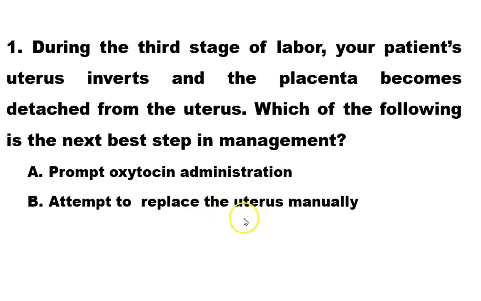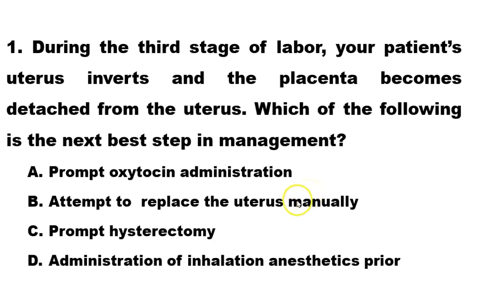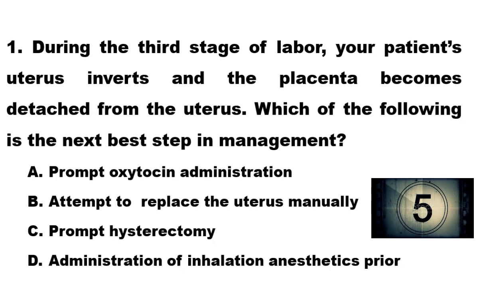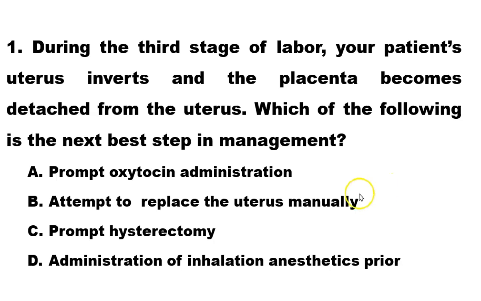B. Attempt to replace the uterus manually. C. Prompt hysterectomy. D. Administration of inhalation anesthetic. Think over it for 5 seconds. The correct answer is: attempt to replace the uterus manually.